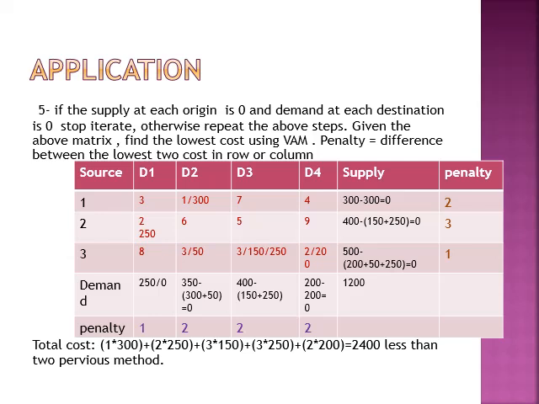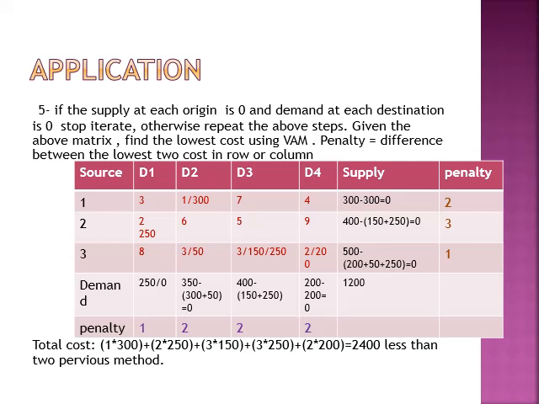1 is the common cell between D2 and row 1. D2 wants 350.